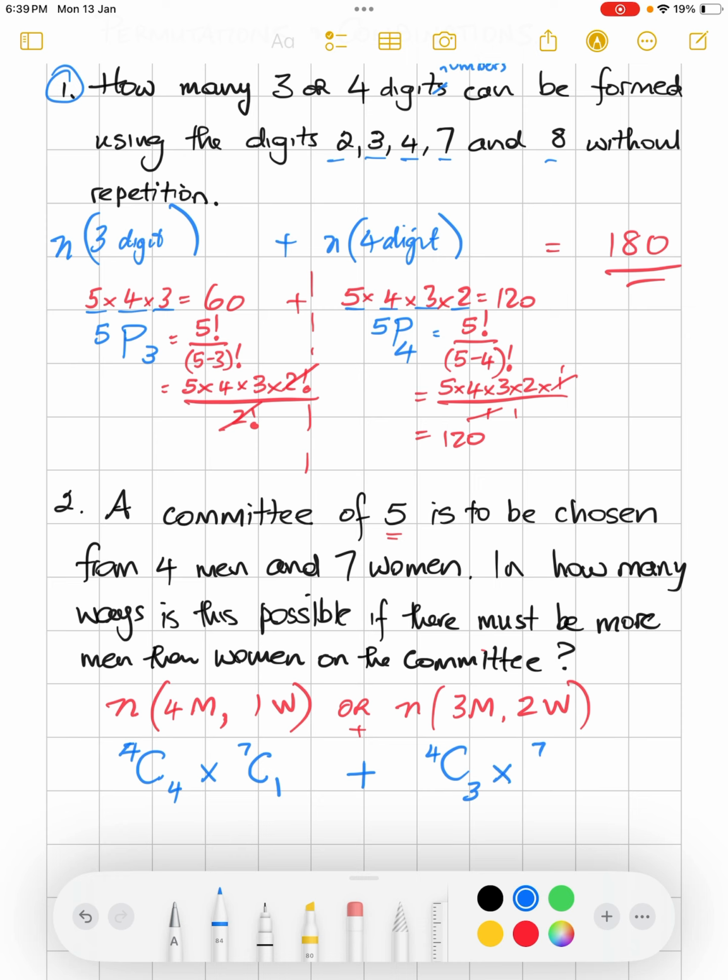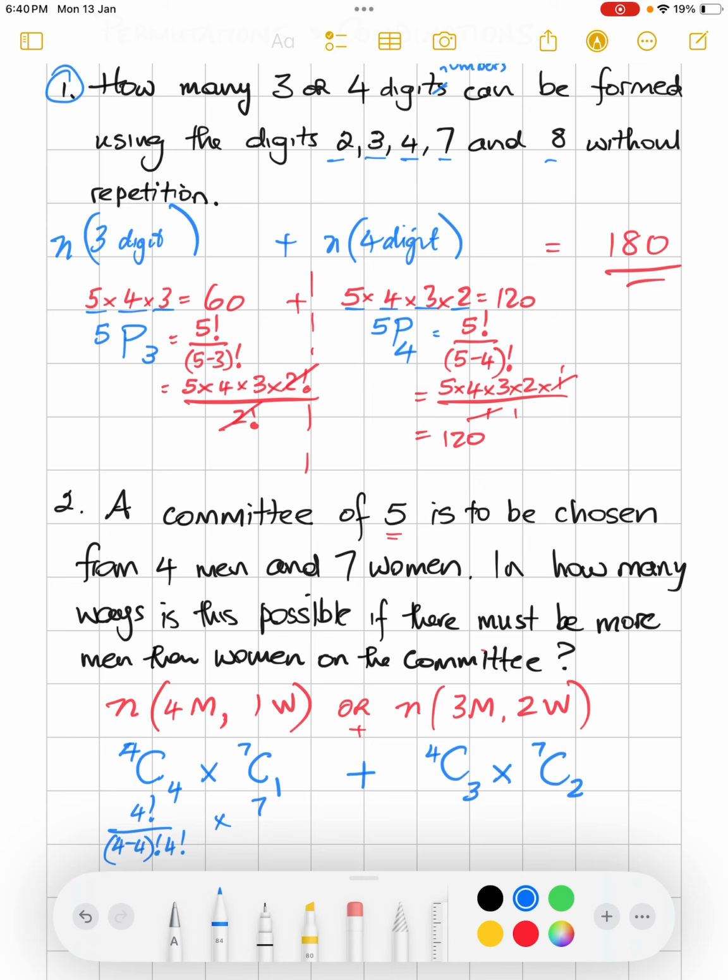And from 7 women, we want to choose any 2, combination of 2. And this combination, with each of these men combinations, that's why we multiply. So 5C4, well, you either know it's 5, or using factorial, it's 5 factorial over 5 minus 4 factorial and 4 factorial.